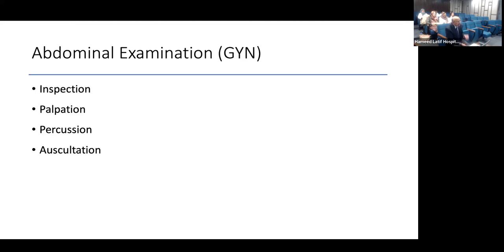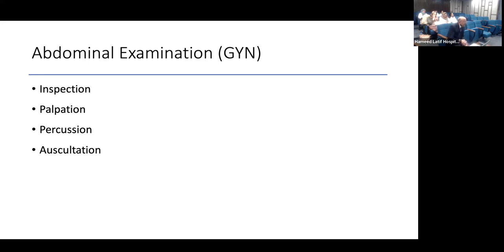In gynecological examination, there is inspection, palpation, and then percussion also. In cases of masses, if there is an abdominal mass, you would percuss it downwards to make a differentiation between a mass which may be sometimes, rarely, retroperitoneal, and particularly if it is occupying most of the abdomen with a large mass.